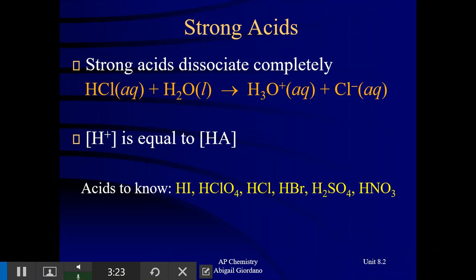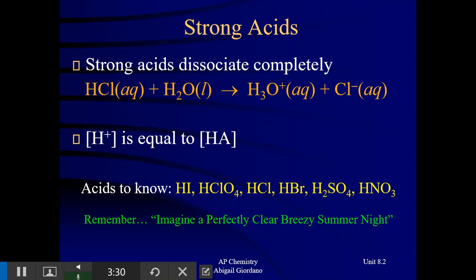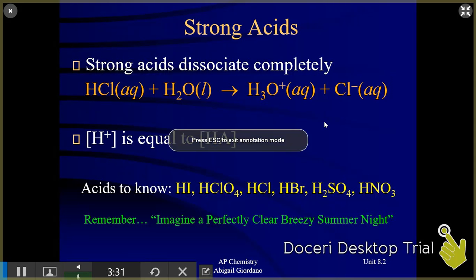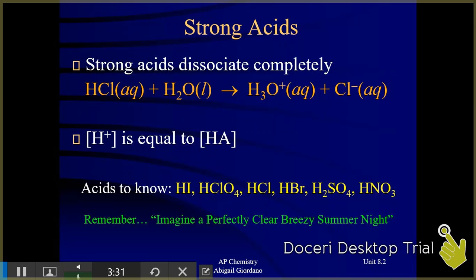And I have a little memory trick here to help you commit these 6 strong acids to memory. The phrase is, imagine a perfectly clear, breezy summer night. Imagine: hydroiodic. Perfectly: perchloric. Clear: hydrochloric. Breezy: hydrobromic.